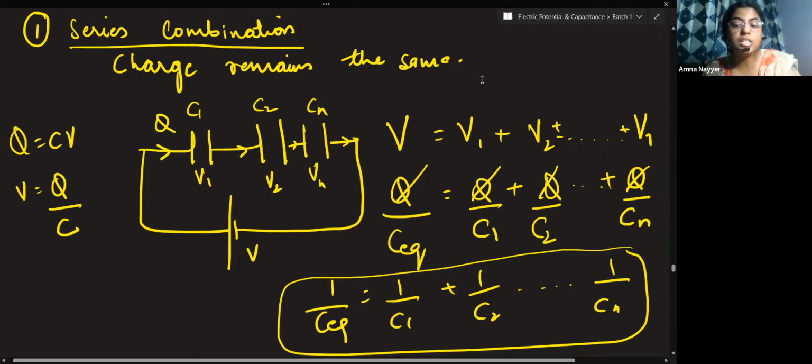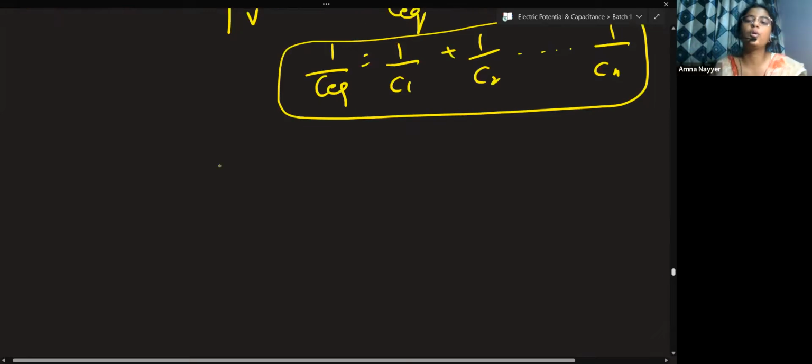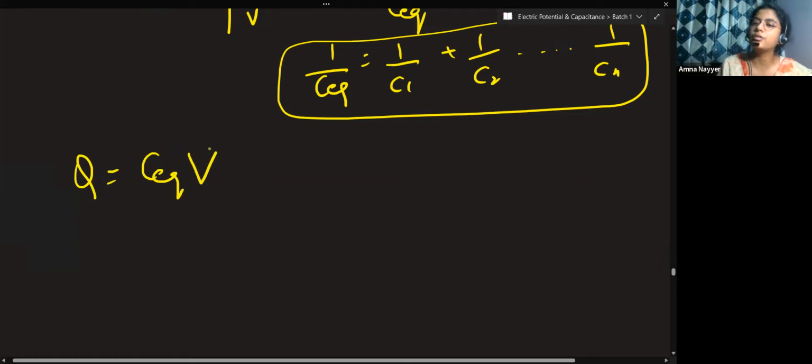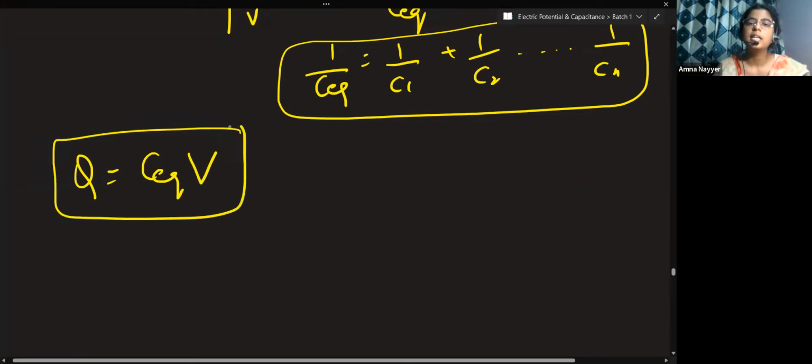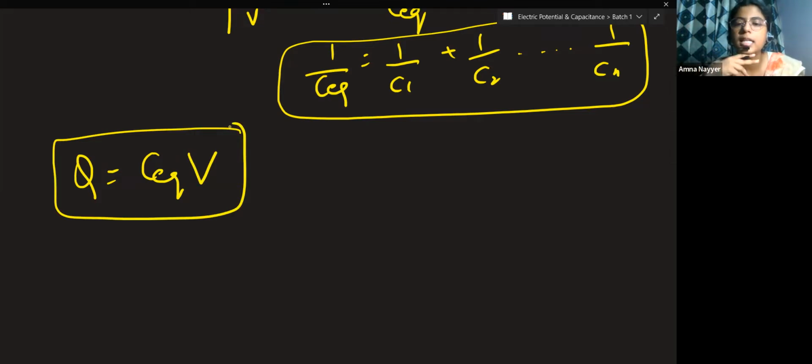Now, if the total charge is asked to calculate, multiply the total capacitance by the total potential. This way you will get the total charge on it. Total potential will be given to you. Total potential is the potential at the battery, written as capital V. C equivalent we have understood, fine.